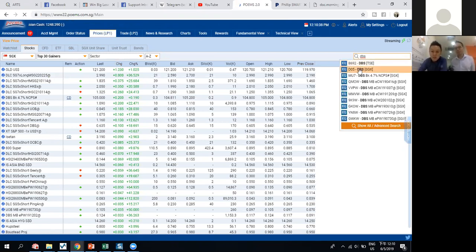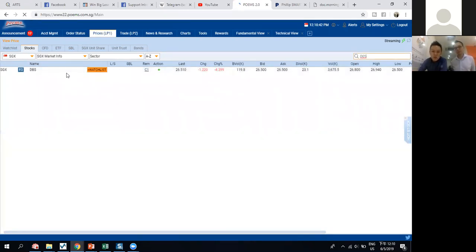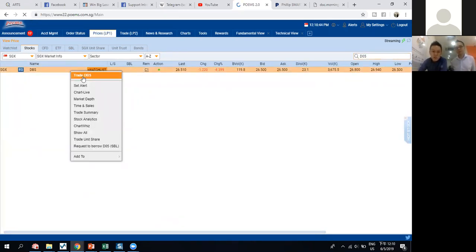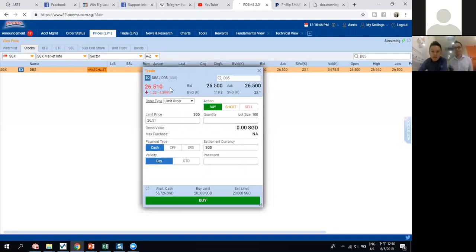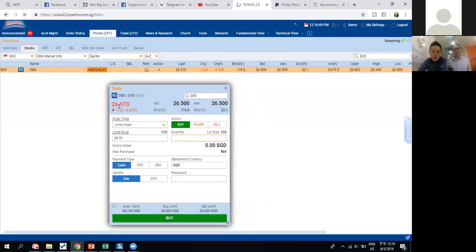So you search for DBS under the SGX. If you want to buy, just right-click and trade. Let's say we want to buy at 26.51, and we type 1,000 shares, key in the password, and you can buy already.